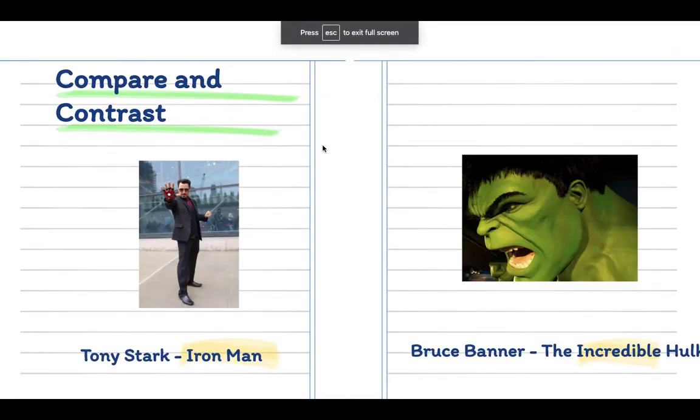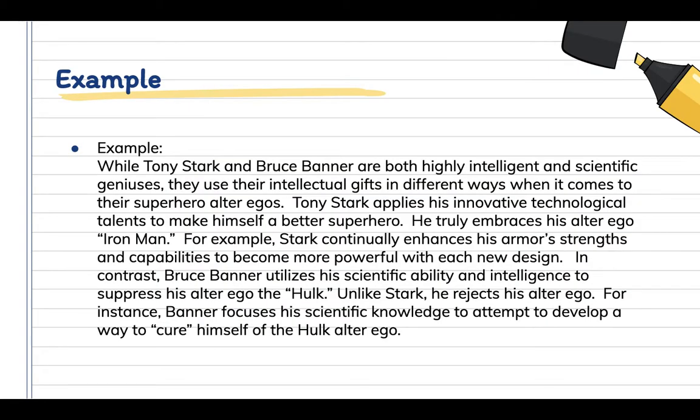So I compared and contrasted Tony Stark, Iron Man, and Bruce Banner, the Incredible Hulk, just to show you a little bit of what I'm talking about so that you have a model to go off.